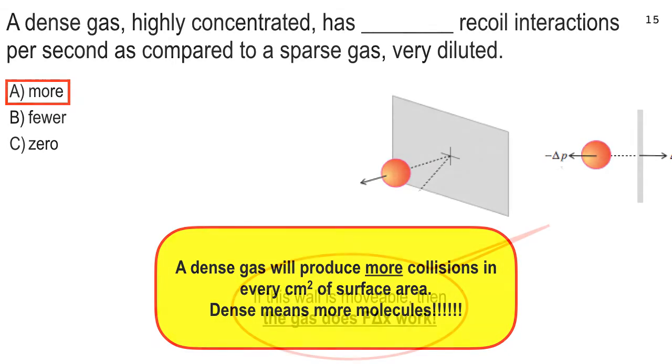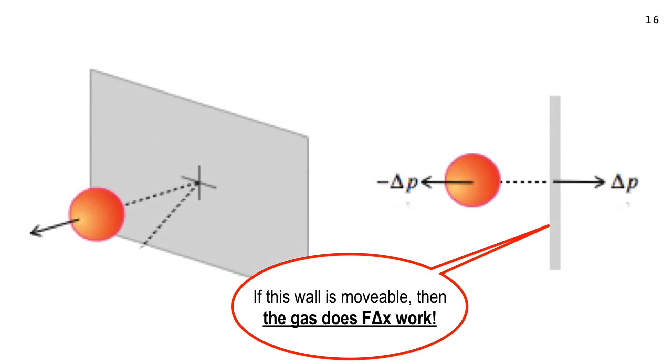Now, I want to point out one more thing concerning this diagram, and that is, if this wall over here is movable, then you can say that the gas has done some work, some F delta X work. So here's a way to think about it.